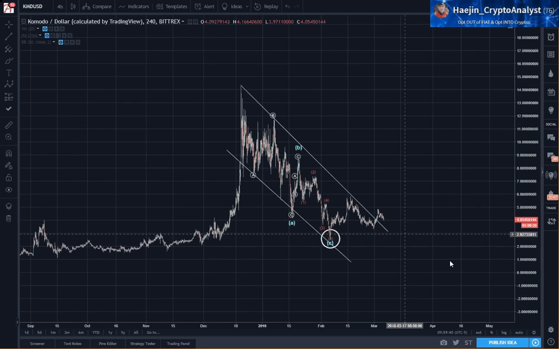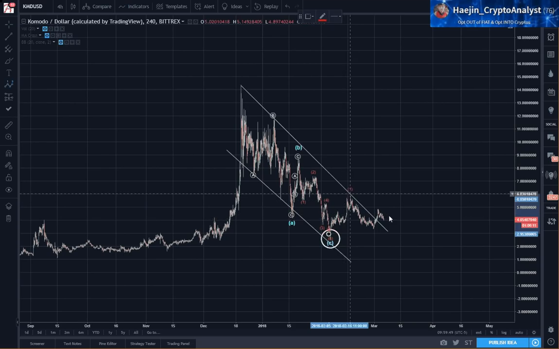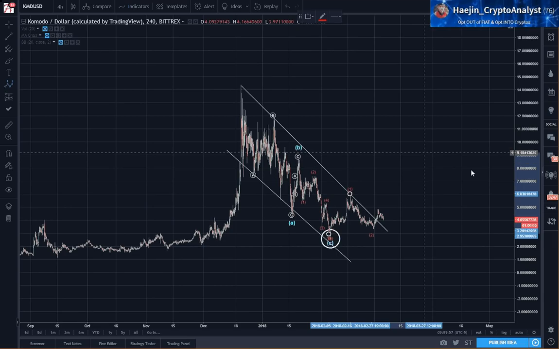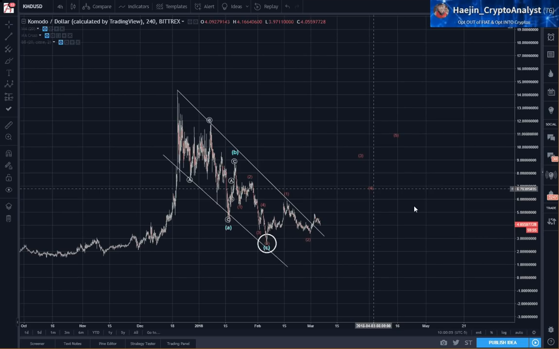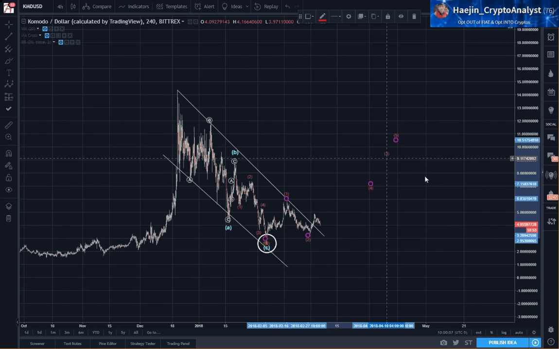So what's next? On Elliott waves, we can count this as 1, 2, 3, 4, 5. Timeline will be taken into consideration.